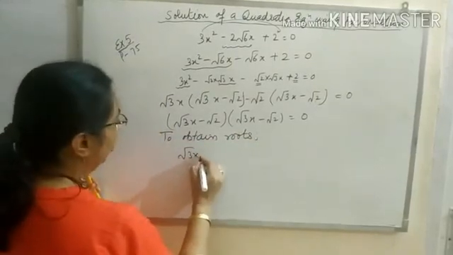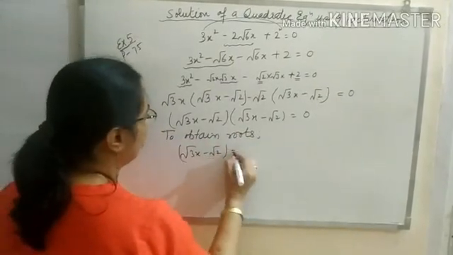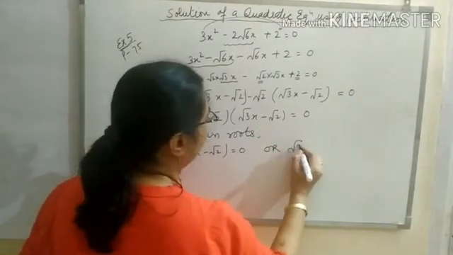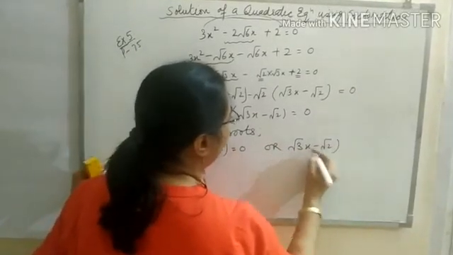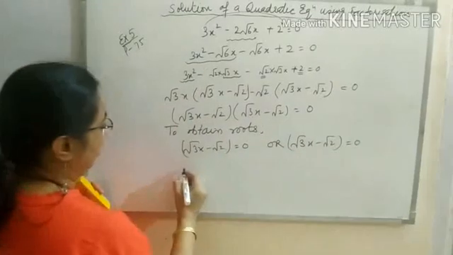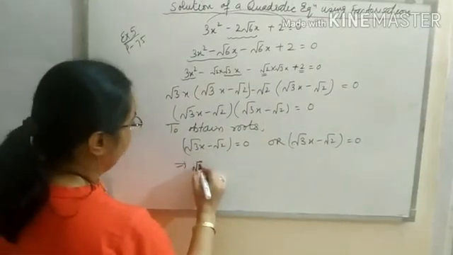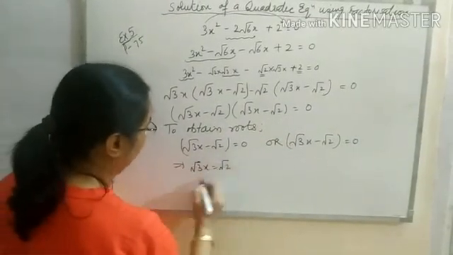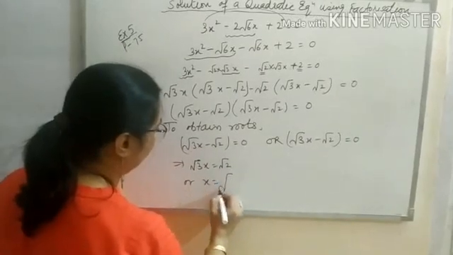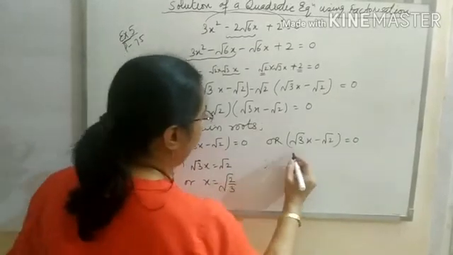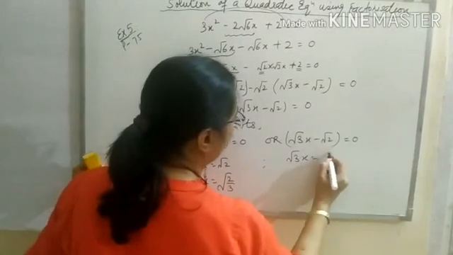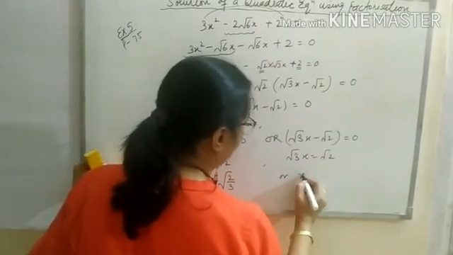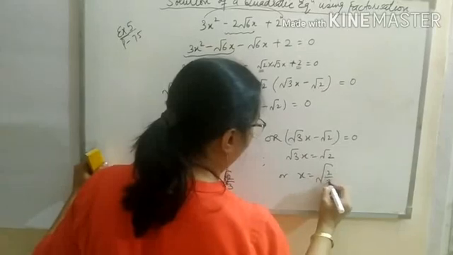Root 3x minus root 2 should be 0, or the second bracket, which is also the same, should be 0. This implies root 3x is equal to root 2, or x is equal to root 2 upon root 3. And similarly here, root 3x is equal to root 2, or x is equal to root 2 upon root 3.